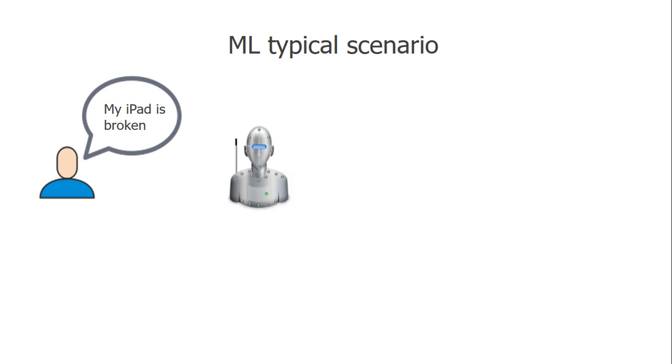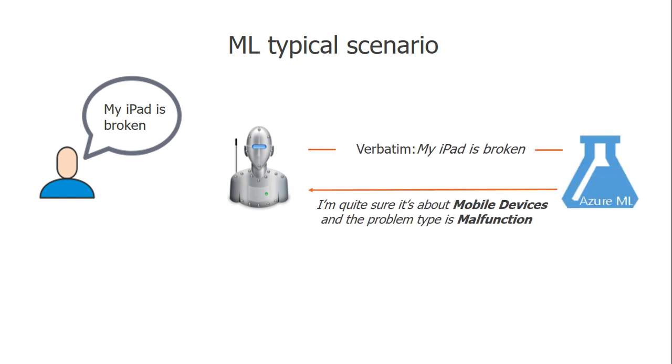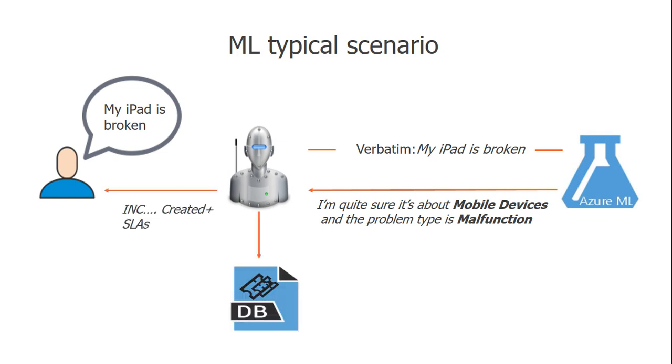In order to help reporting and categorizing the incident, the bot sends the verbatim, also known as the user input, to a trained machine learning model that returns the most probable incident category based on past categorizations performed by human agents for similar issues. According to the level of certainty, the bot automatically creates an incident in the ticketing system and informs the user about his incident and response times as defined in the SLAs.